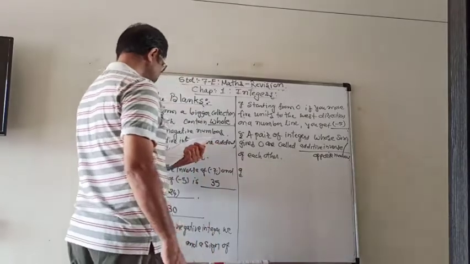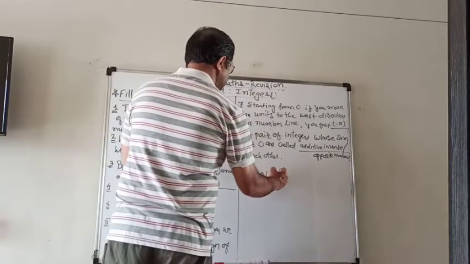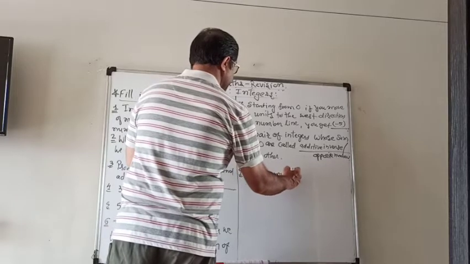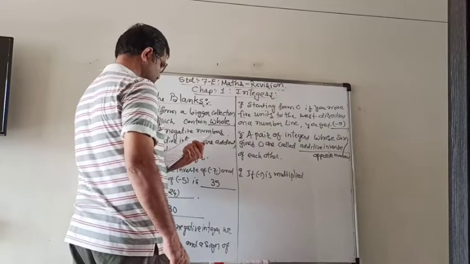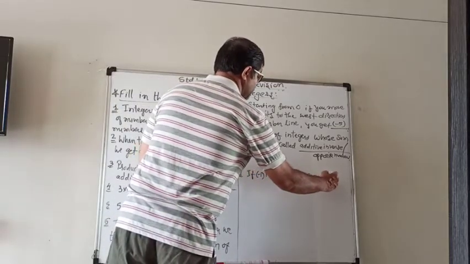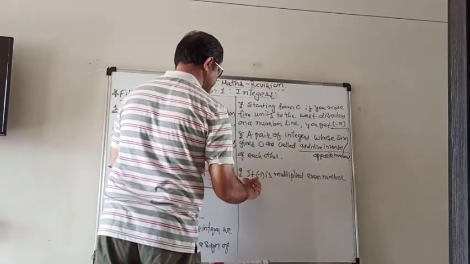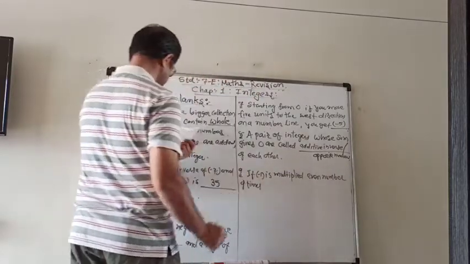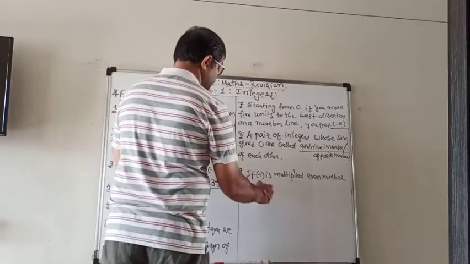Then if -1 is multiplied an even number of times, the product is blank.